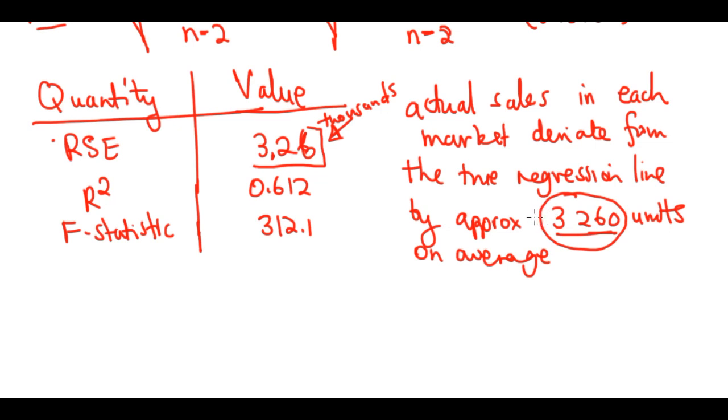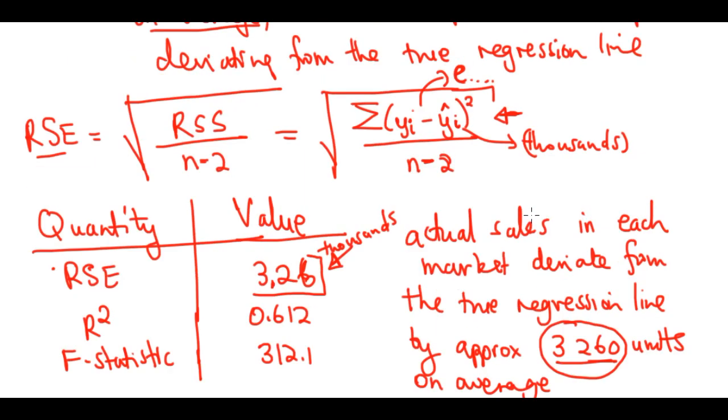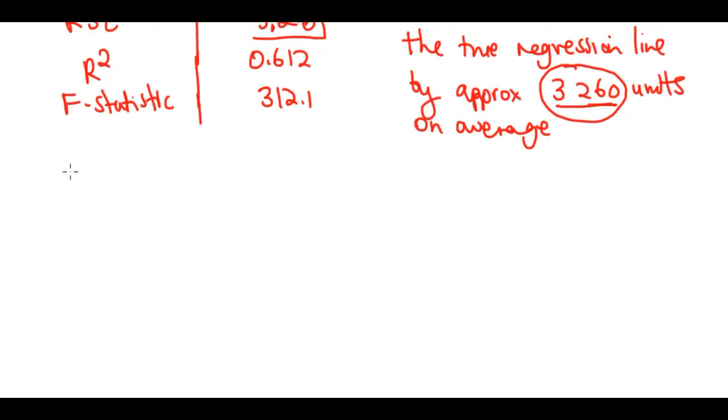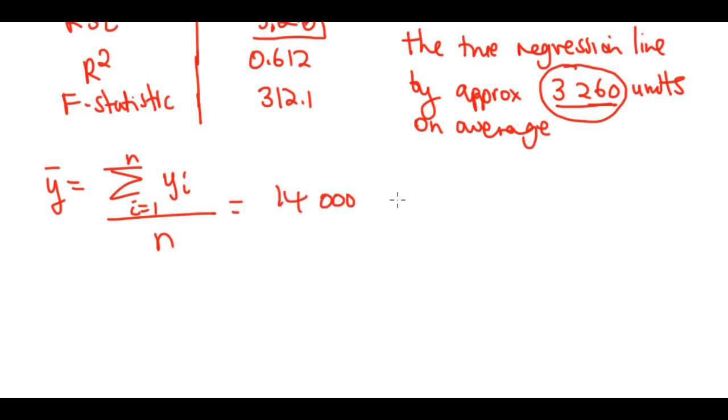Well, it depends on the question. Here, let's look at the sales, right? What is the y bar, which is equal to the summation of yi from 1 to n, divided by n, which is our y bar, right? Our mean sales is 14,000 units. When you look at the data and calculate the mean sales, it's 14,000 units, right? In all markets.